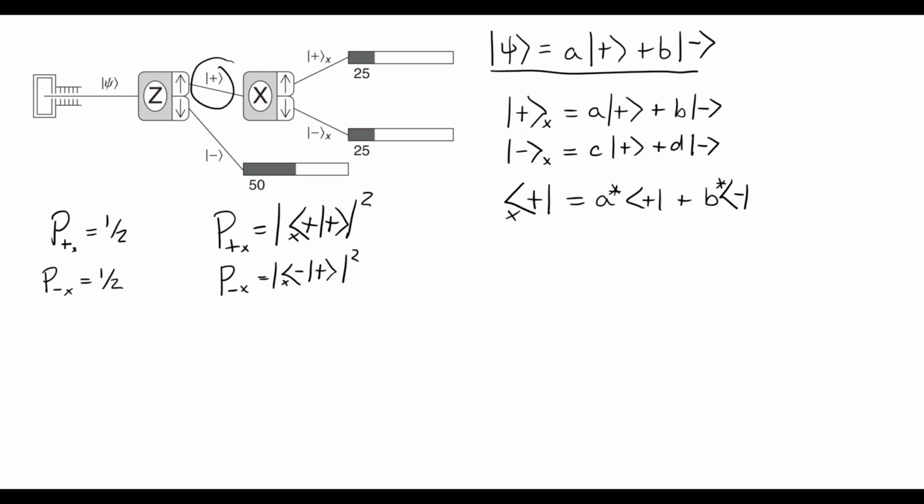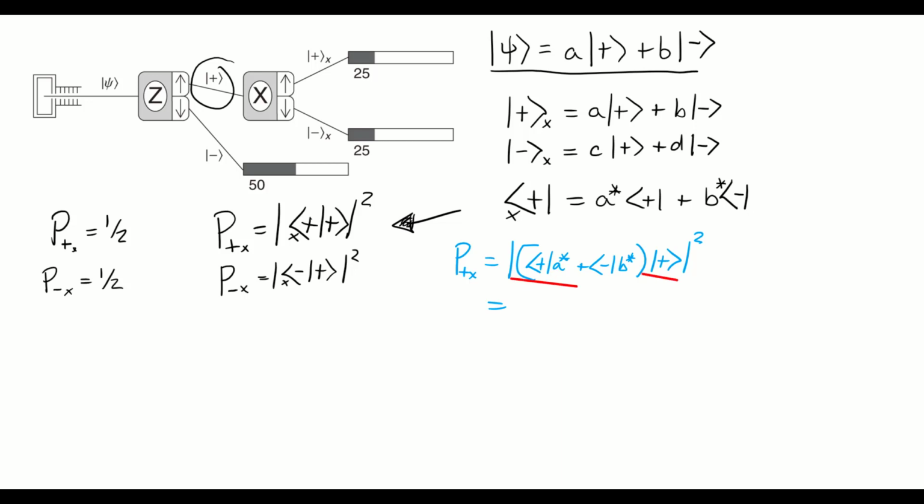Like that, we can take that and plug it into how we calculate our probabilities and try to sort this out, right? So if we want the probability of measuring a spin up in the x direction, that's going to be, inside brackets, a plus complex conjugate of b minus, dotted into, or the inner product of that with, our spin up, all squared.